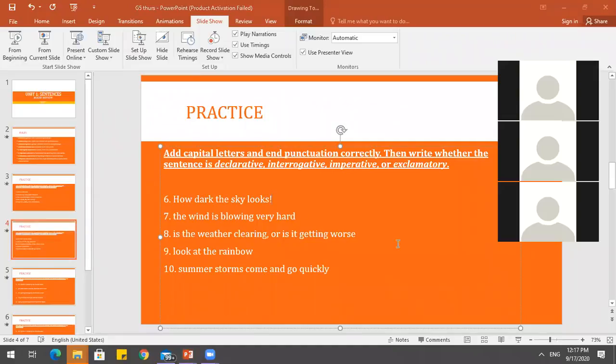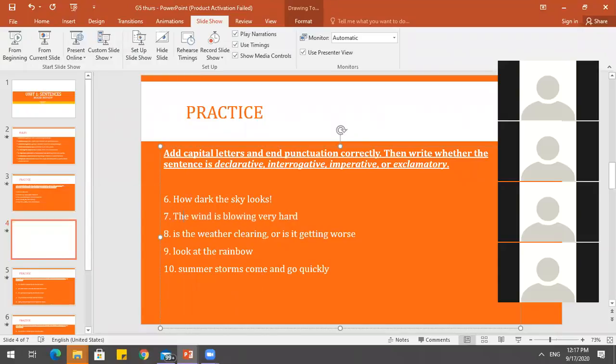Yassine Douini, number 7. Okay. The wind is blowing very hard. The T is capital. T, capital T, all right.